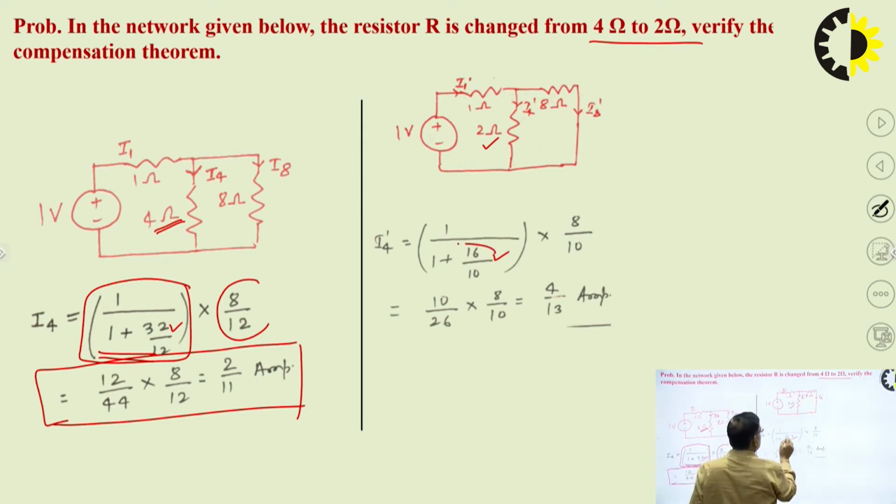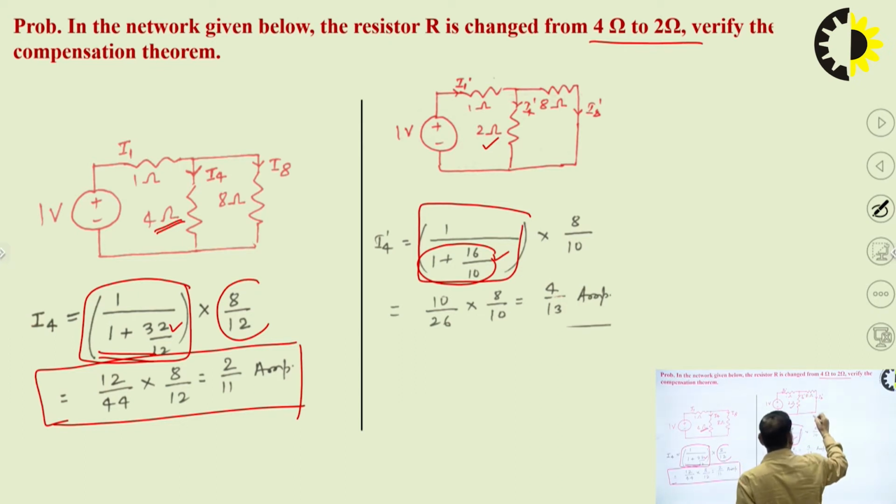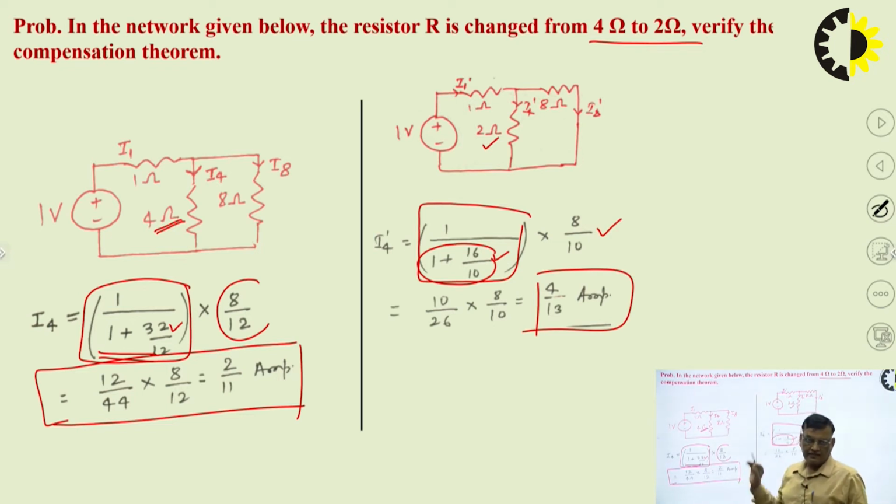So this is the total equivalent impedance as seen from the source side. We divide the voltage by it, we get the total current, and then apply the current division here. So 8 by 10, simple. So this is 4 by 13. This is the I4 dash, this is the new current.